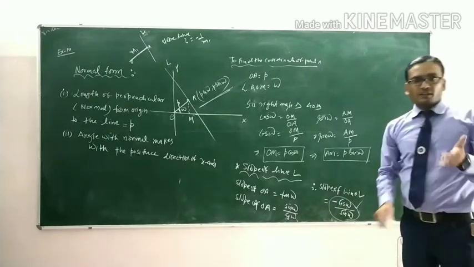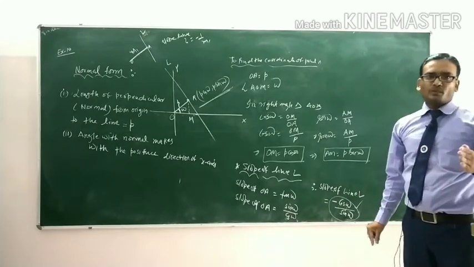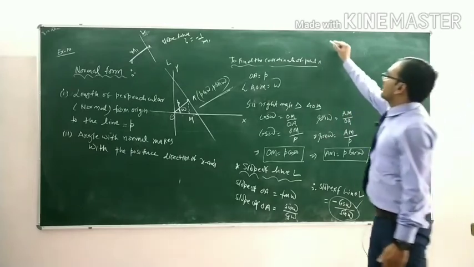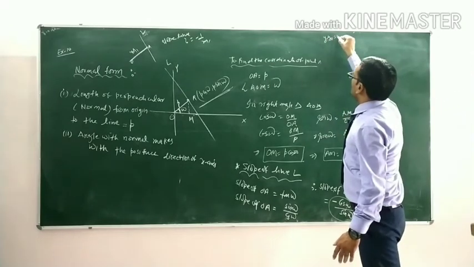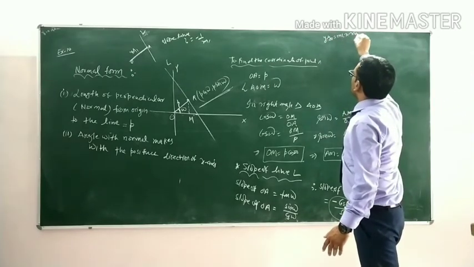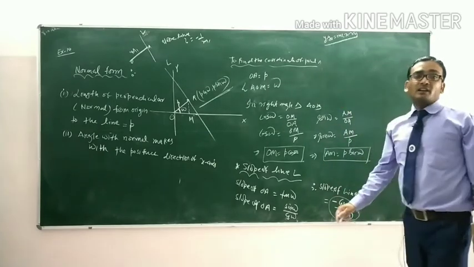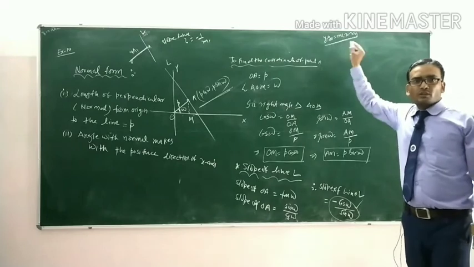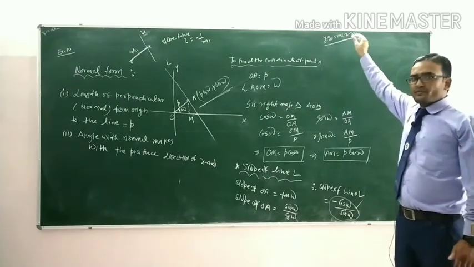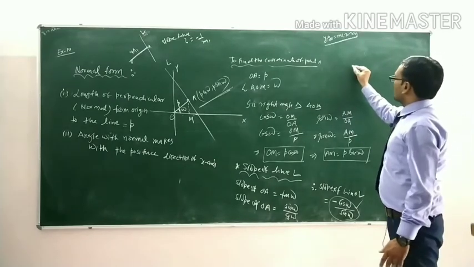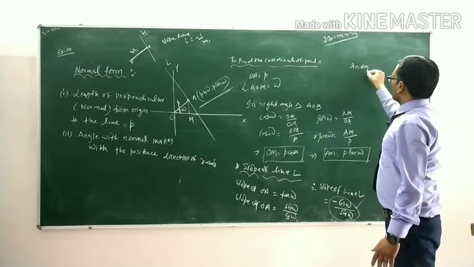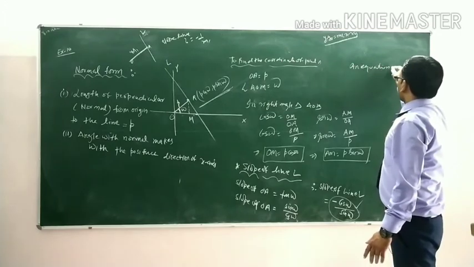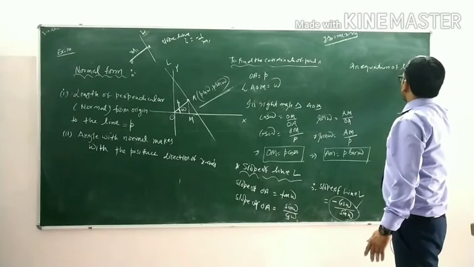If the line passes through a point having a slope, then the equation of the line is y minus y0 equal to m into x minus x0. We have already studied about it. By using this formula we find the equation of line L.